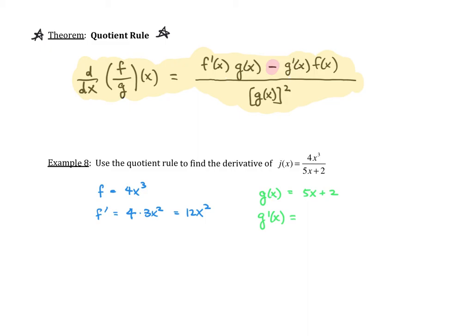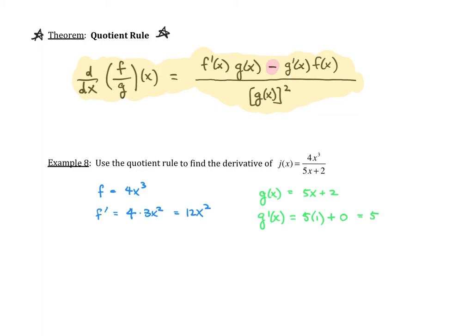The first function is just 5x plus the second function is the constant function 2. So when I take the derivative of 5x, it's really a constant multiple rule. The 5 stays there, and the derivative of x is just 1. Then I add the result of the derivative of the second function, which is 2. The derivative of 2 is 0. And when I simplify this, this just gives me 5.